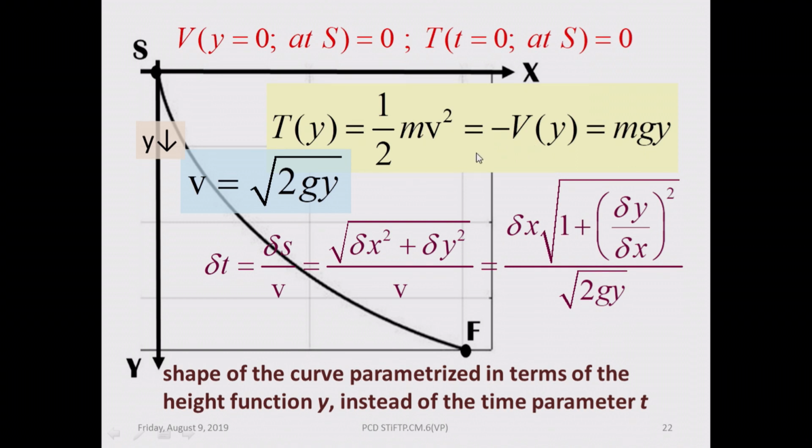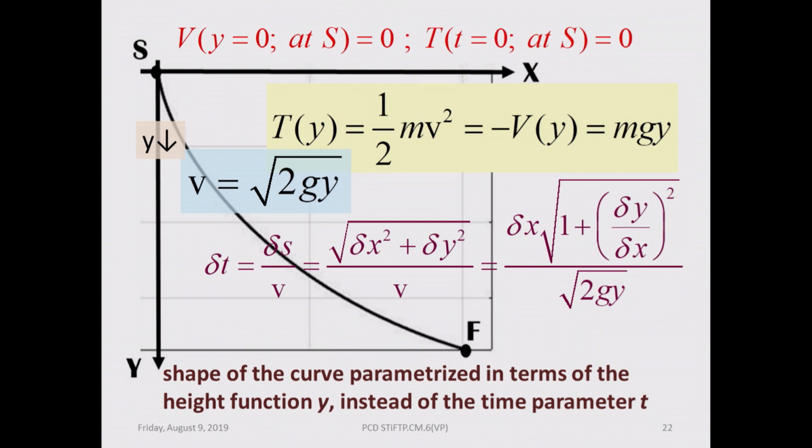You're essentially writing only the conservation of energy, there is nothing else. So this tells you what the speed is. Because mgy is equal to half mv square, m cancels and v is nothing but root of 2gy.